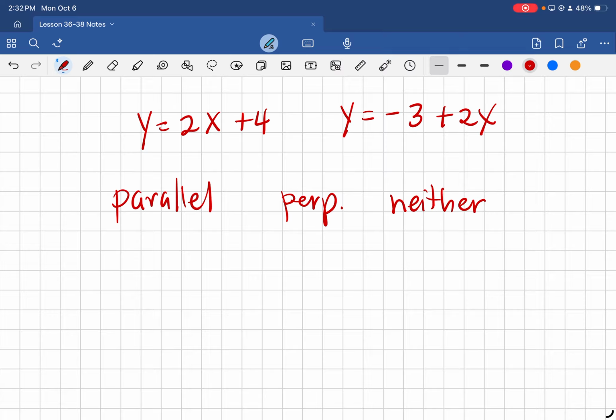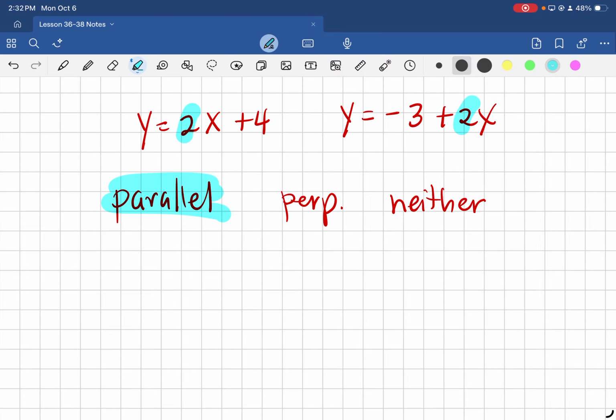Do y'all have any ideas? Parallel. How do you know that? They're the same. They both have m equals 2. They just tried to confuse you by switching the -3 and the 2x.